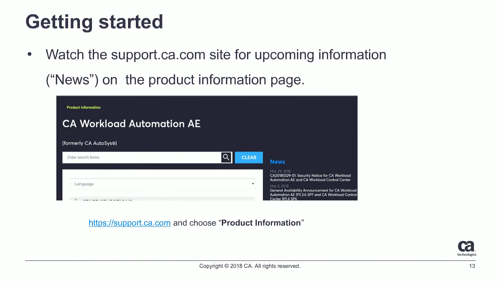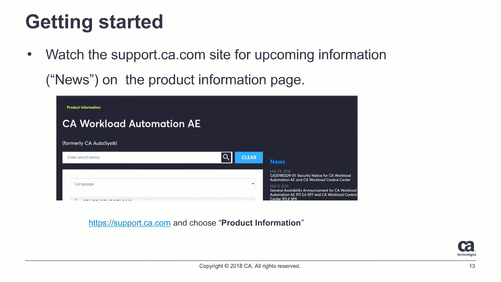So to get started, watch the support.ca.com site for upcoming information. Very shortly, we will provide information on how to gain access to the event engine, to gain access to your entitled download.